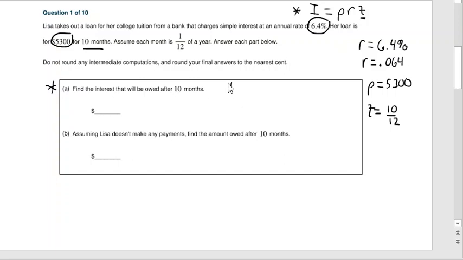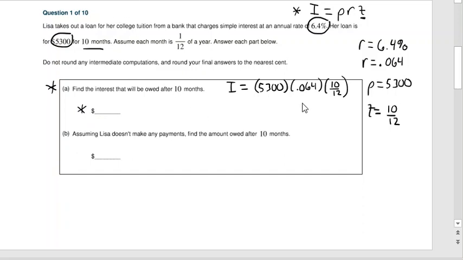So I, or the interest, is going to be equal to P, which is 5,300, times R, which is 0.064, times T, which is 10/12. All we have to do is multiply these 3 together, and that will give us the interest that will be owed after 10 months.